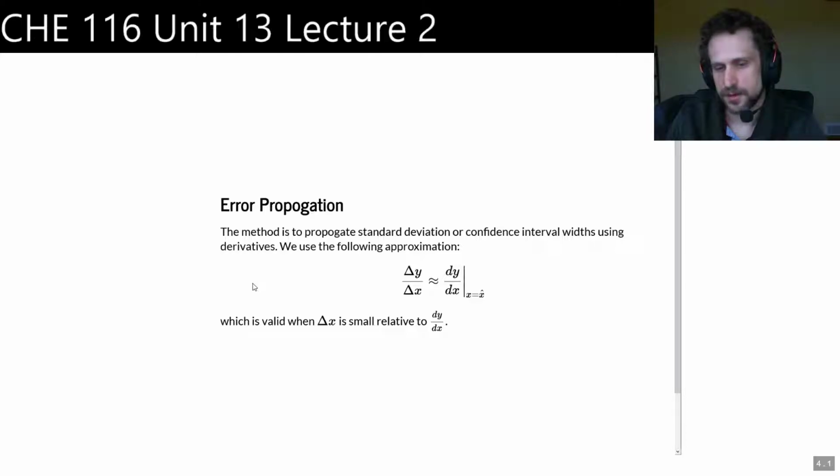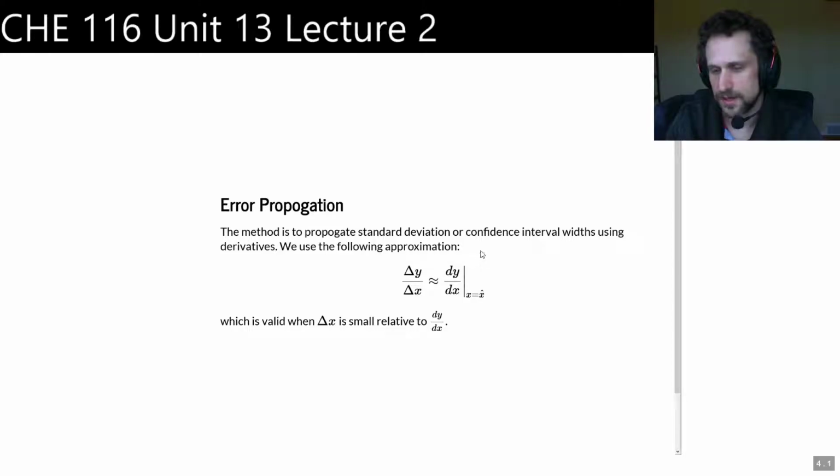The way we do error propagation is we approximate how changes in the random variable x affect changes in the random variable y by using the first derivative. If you think about it, if you're at a point and you look at the first derivative, it tells you the slope of the tangent line.